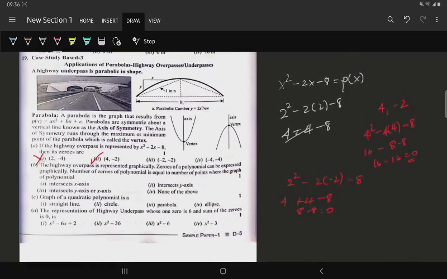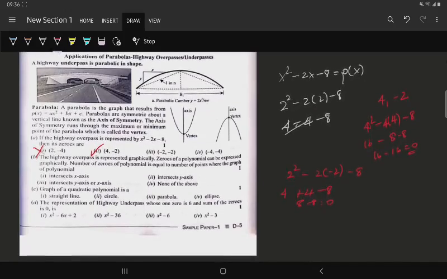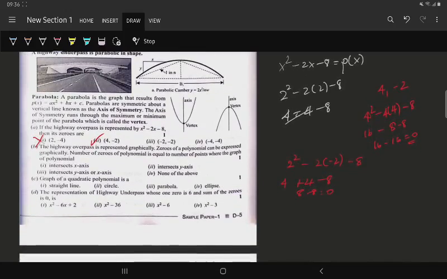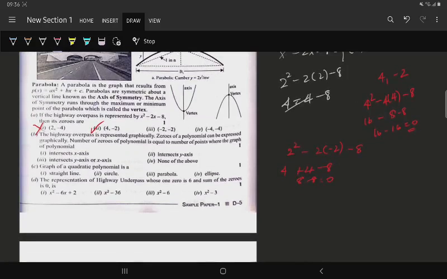The number of zeros of a polynomial is equal to the number of points where the graph of the polynomial intersects the x or y axis. I told you before, because the highway overpass is represented graphically, you can express it on the x-axis or y-axis. Any way is fine. The polynomial can have x or y as the variable. If it is in x variable, you have to check with the x-axis. If it is in y variable, you check with the y-axis. So the answer is intersect y-axis or x-axis. Next, the graph of a quadratic polynomial is a parabola, as I told you just now.